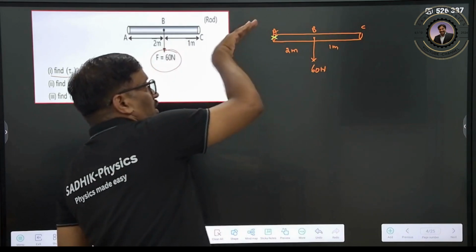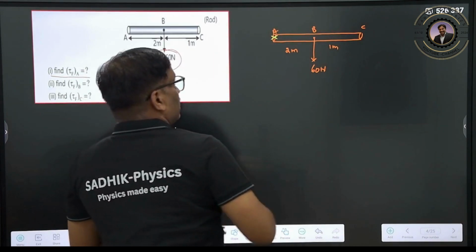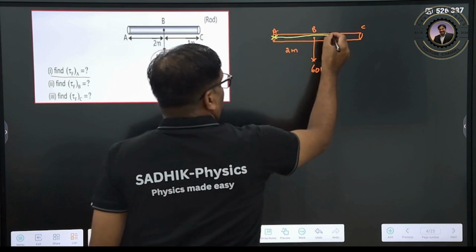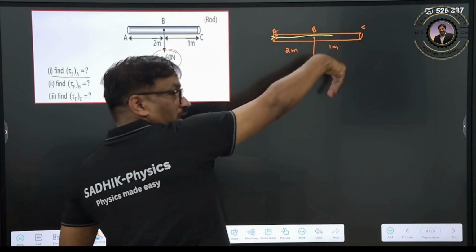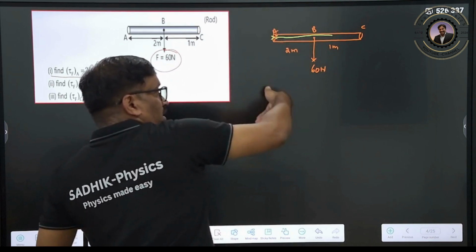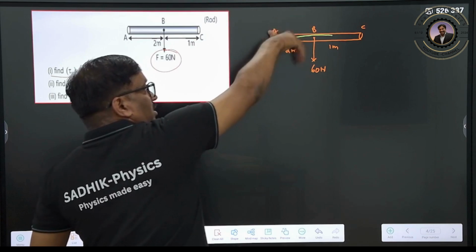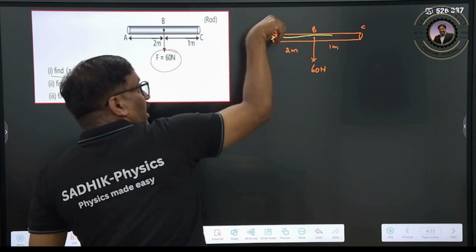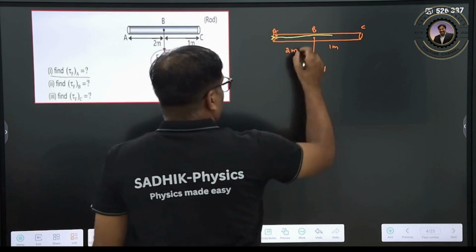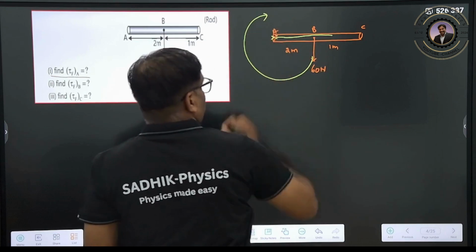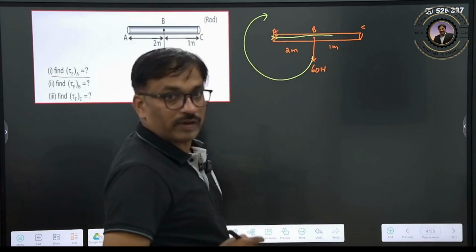This is your perpendicular distance, and torque is r cross F. So it is rotating like this, which is nothing but clockwise.